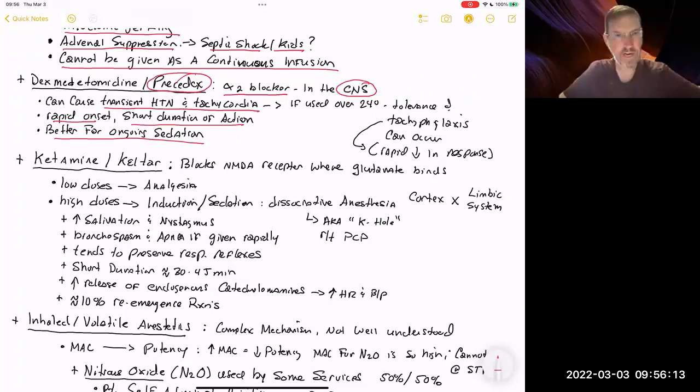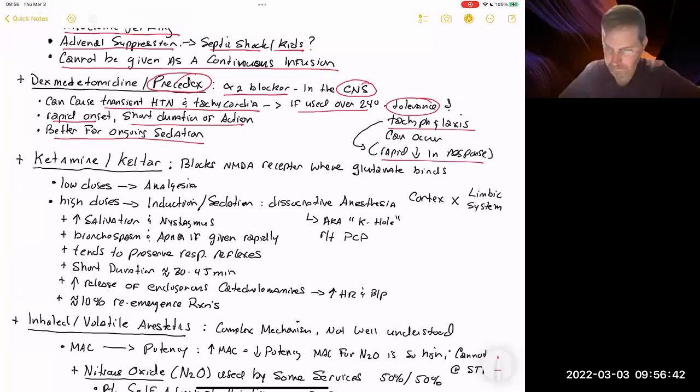However, if this is used over 24 hours, so if you have somebody on a dexmedetomidine drip for longer than a day, it can rapidly develop tolerance. And that's actually a phenomenon known as tachyphylaxis. Not anaphylaxis, but tachyphylaxis, where somebody has a rapid decrease in their response to that drug, right?